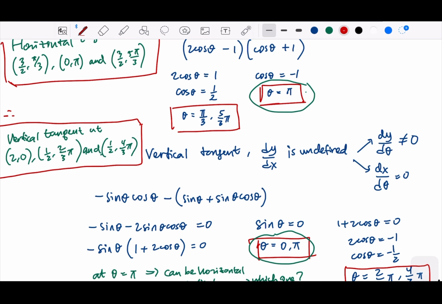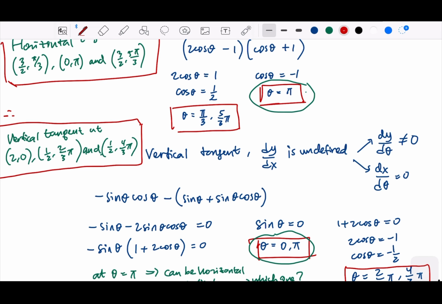But which one? Is π vertical or horizontal? If you just answer this in a question, it's not fully complete. So we need to take another approach to define what π is doing here.